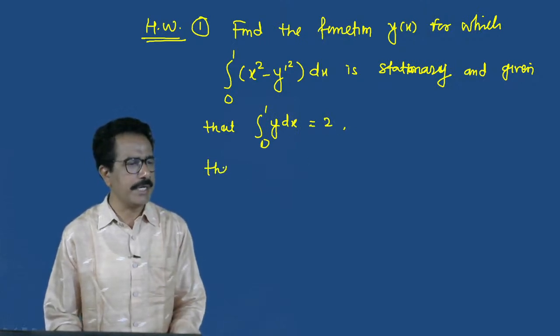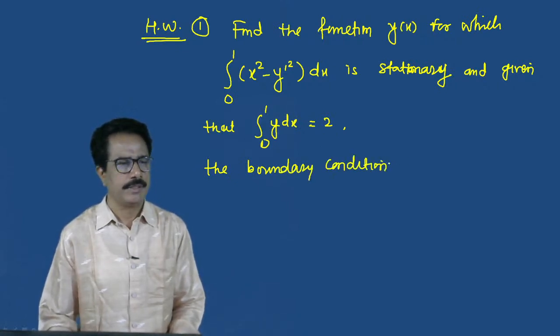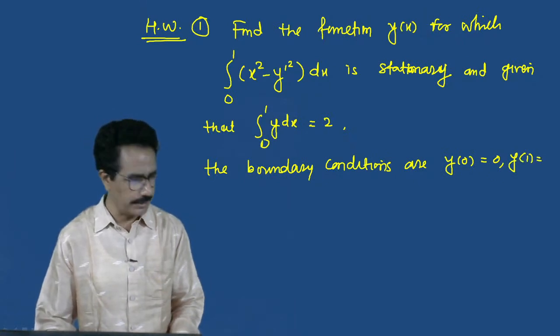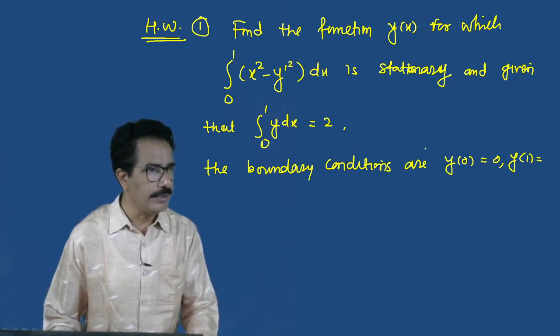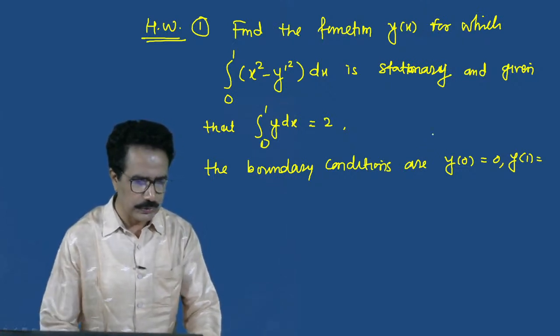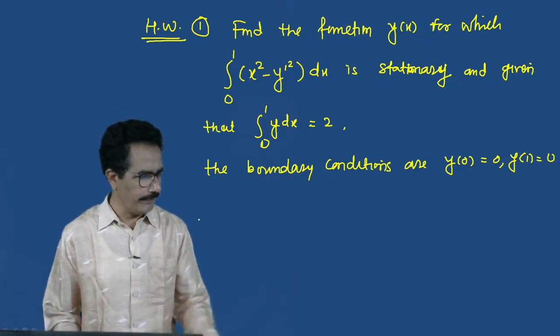The boundary conditions are y of 0 is equal to 0, y of 1 is equal to 0. This is the first problem.